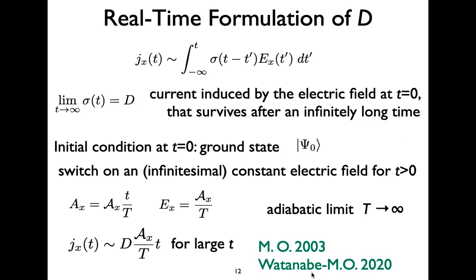But if you have a perfect conductor, once you apply the electric field, you accelerate electrons. And this motion does not completely decay. Even after infinitely long time, there is some current still flowing. And how much current is still flowing after infinitely long time is nothing but the Drude weight.